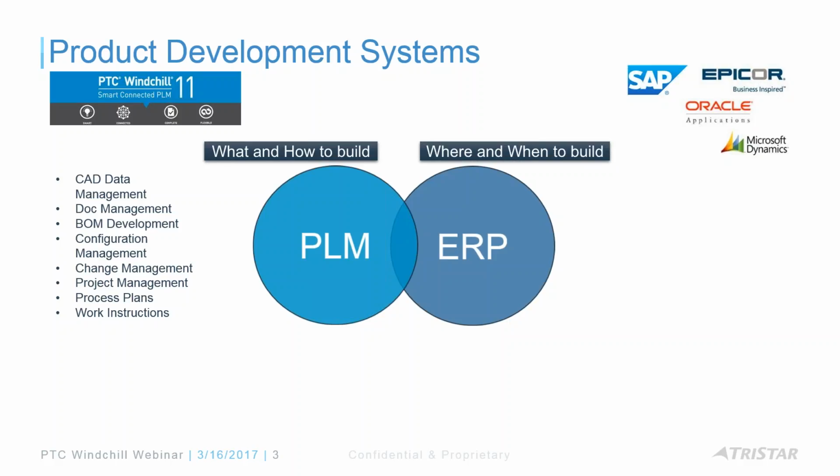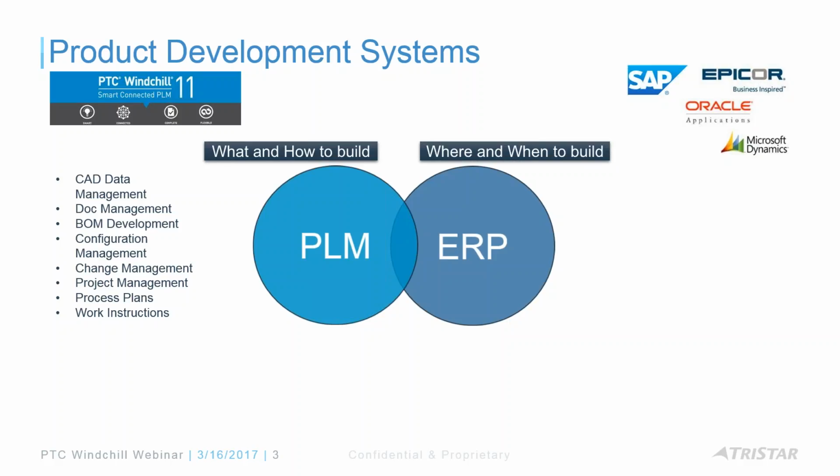Those items can be in PLM, they can be in ERP, but if they are in one system or the other, sometimes it's valuable to push that information from one to the other. So if you're doing some planning information for manufacturing in PLM, that needs to come across to ERP, right? Material needs to get ordered.